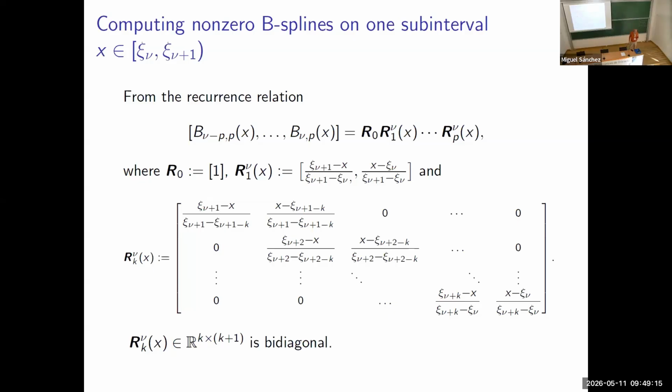I'm not going to go into how you find it, but you can look in the book or the lecture notes. So for k equal to 1, it's 1 by 2, and the numbers are explicitly here. If you compute all this product, you have the explicit values of all those p plus 1 B-splines at the point x in that interval. As you can see, this matrix is bidiagonal, with just two diagonals.